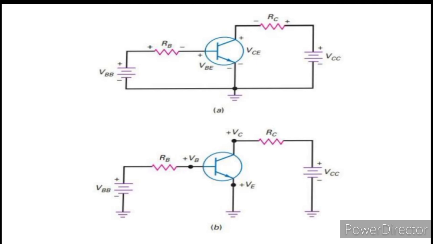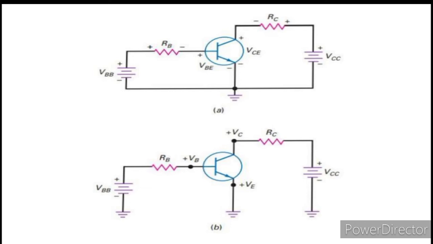The emitter is the middle terminal of this configuration. The common or ground side of each voltage source is connected to the emitter. Because of this, the circuit is called a common emitter connection.